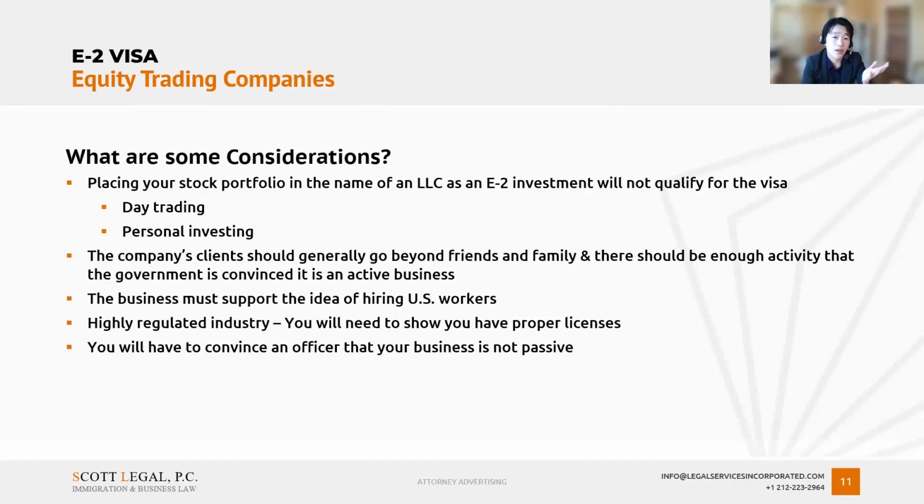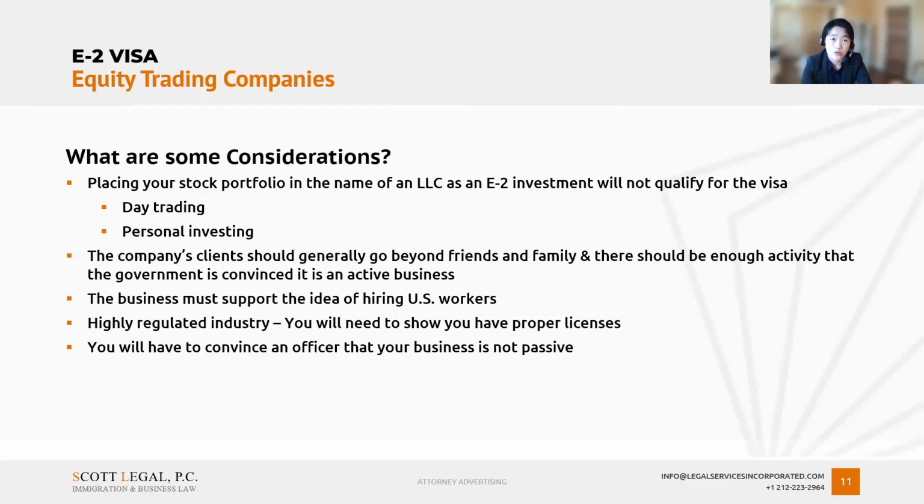But again, it should be on a commercial scale. Really, the government should be convinced that this is a real and active business that provides goods or services to society. So it must definitely go beyond this personal scale.